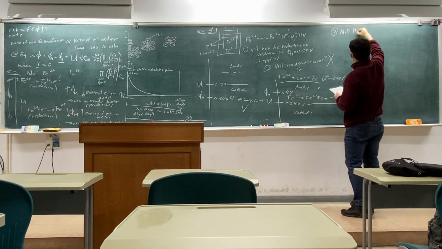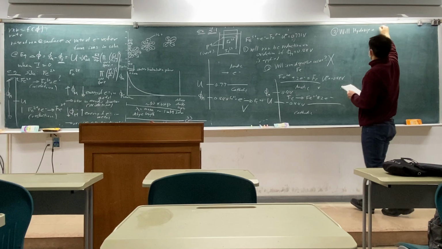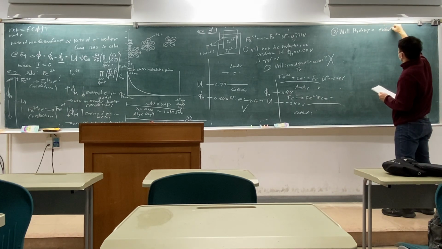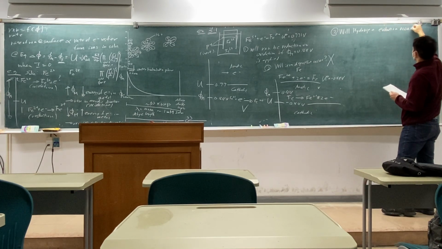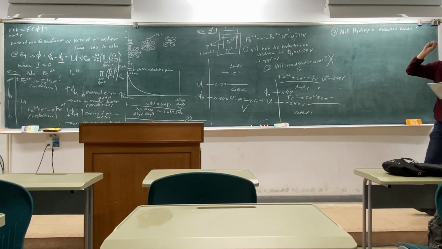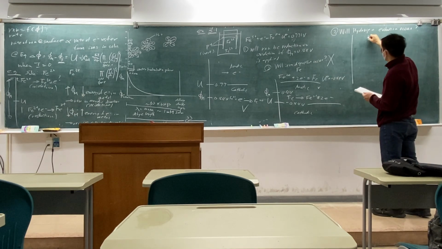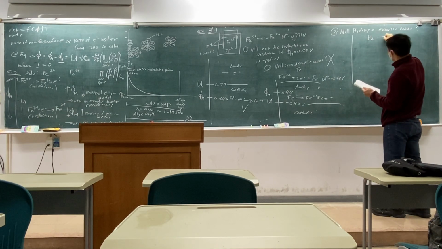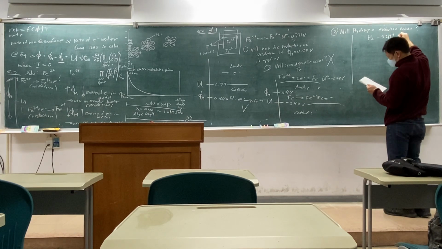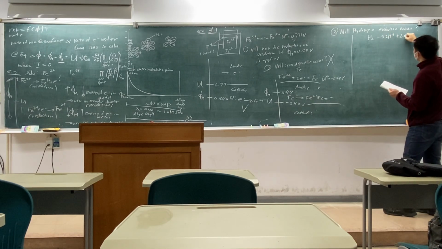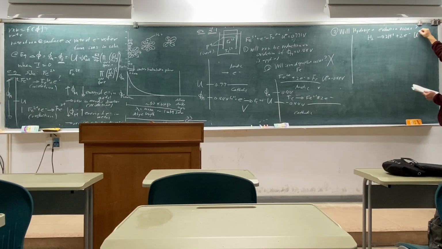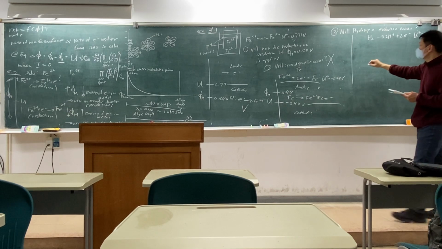Will hydrogen evolution occur? Again, we draw this. Hydrogen evolution, H2 goes to 2H+ plus 2e-, has a standard reduction potential of 0. This is the definition.